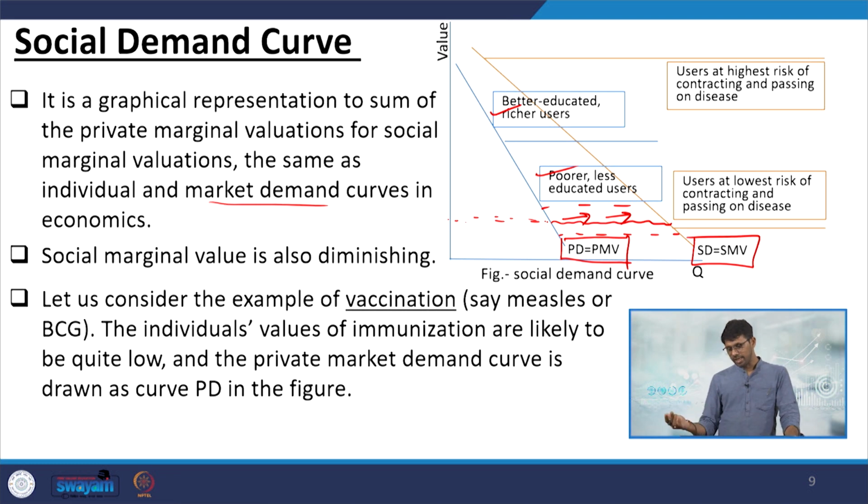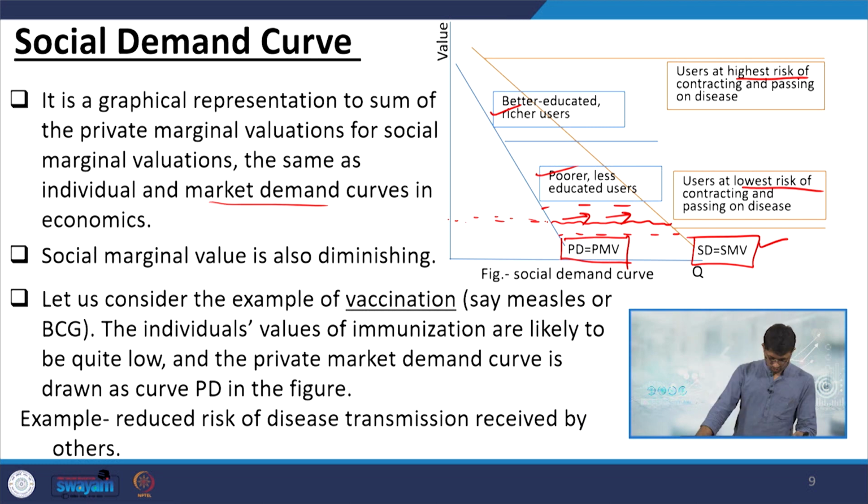Therefore, their willingness to pay would be considered to be lesser. Similarly, at the societal level, so far as social marginal value is concerned, we usually define it through users at highest risk of contracting and passing on the disease. If it is that, then the valuation will be very high. If it is a lowest risk, then the valuation will certainly be lesser.